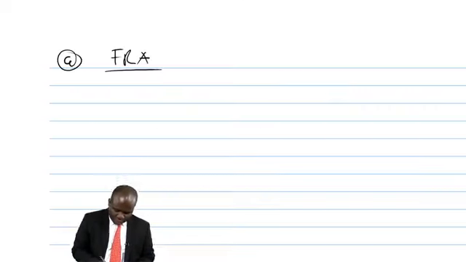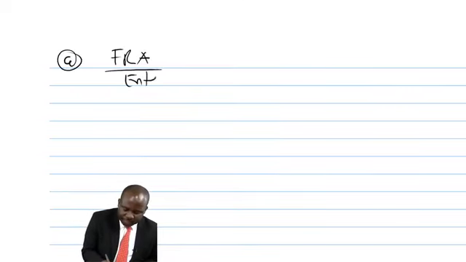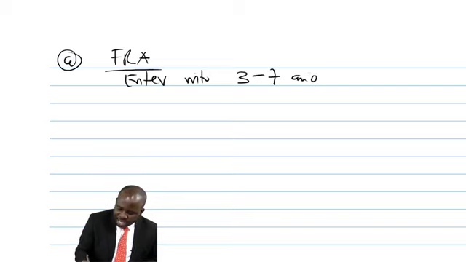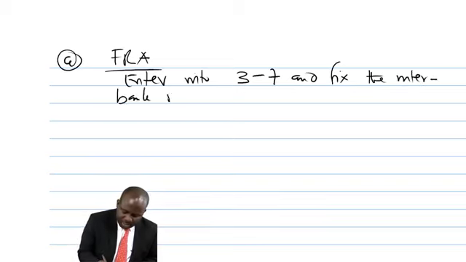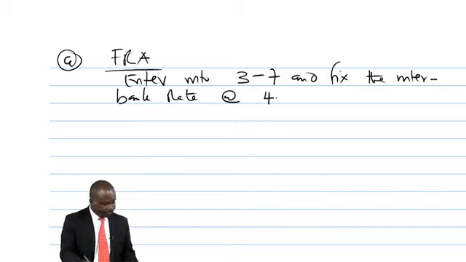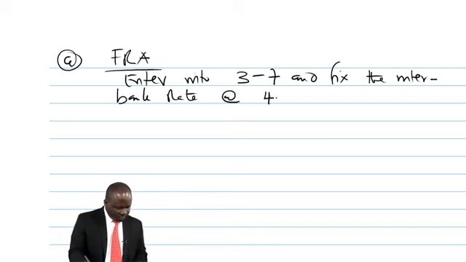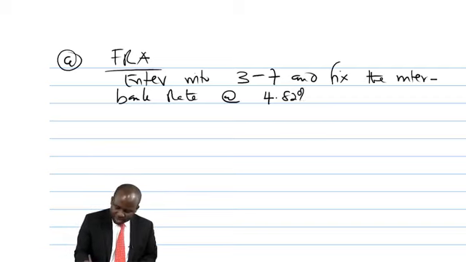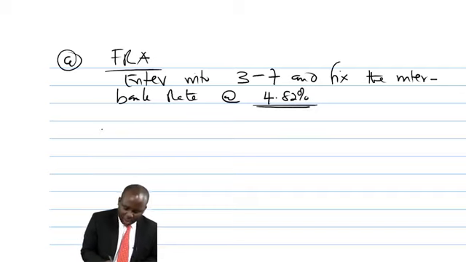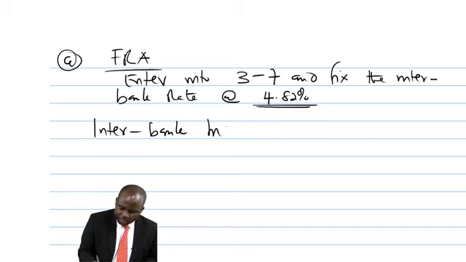So I go straight and say I will enter into 3 versus 7 and fix the interbank rate at 4.82%.